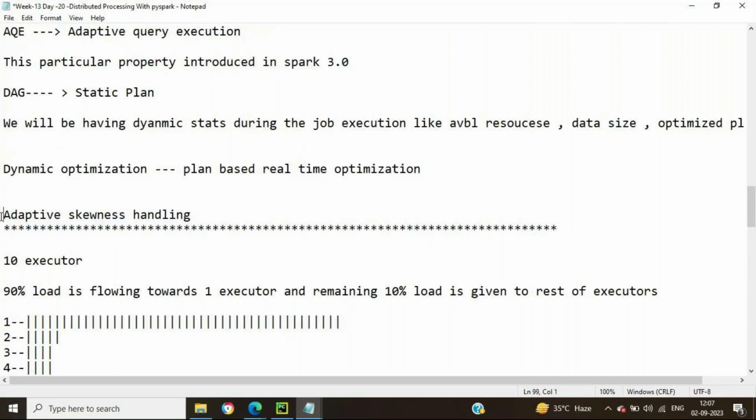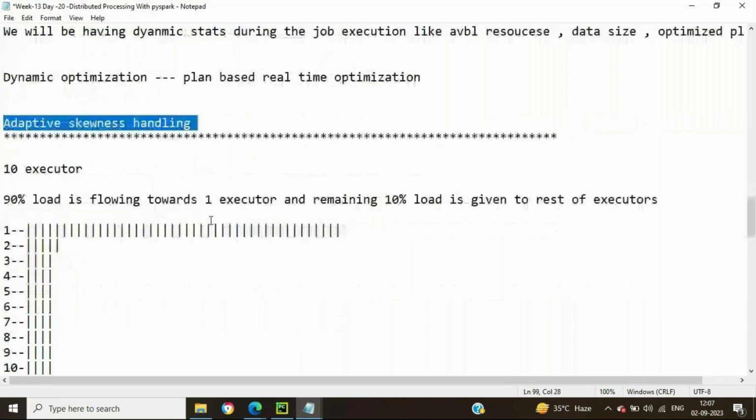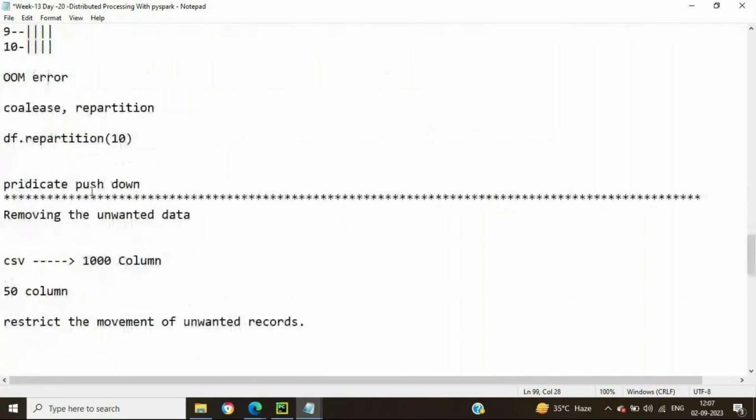Based on changing just one property, AQE, we will get betterment for skewness handling. We will be able to do predicate push down.